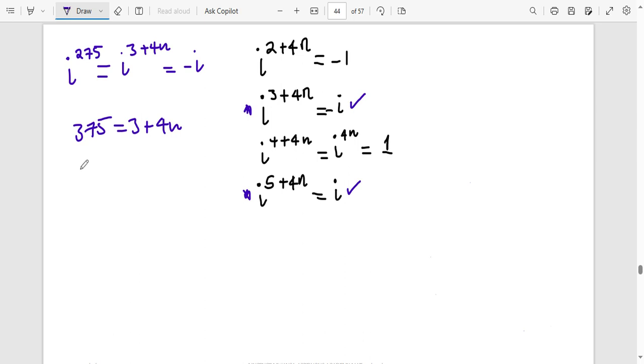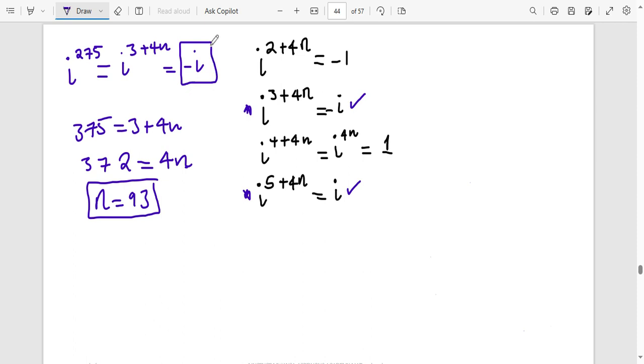Take 3 to the other side, it will give you 272 is equal to 4n. So divide 272 by 4, and that is going to give us n being equal to a whole number, 68. So meaning that i to the power 275 is equal to what? -i.